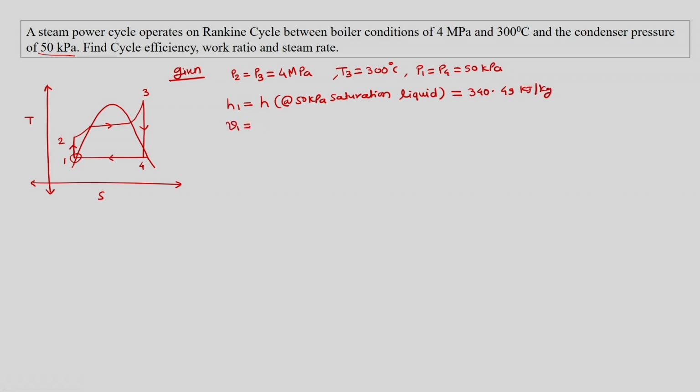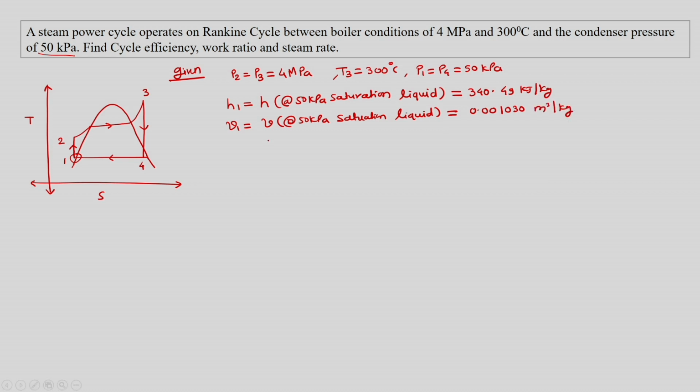Then we will also mention specific volume at state 1, which again corresponds to specific volume corresponding to 50 kilopascal saturation liquid, and this specific volume turns out to be 0.001030 meter cube per kg.